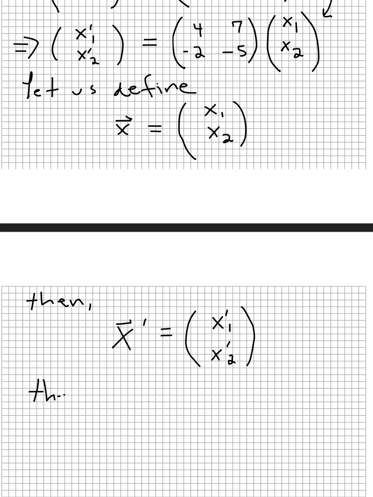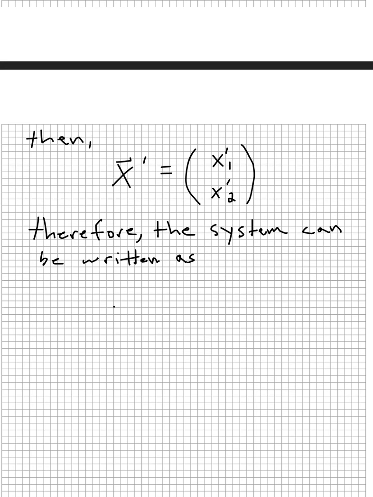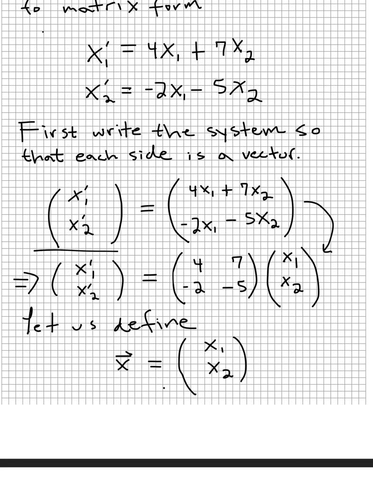Therefore, the system can be written as x prime, that was the left-hand side, with our column of first derivatives for the unknowns, which would have been this right here.